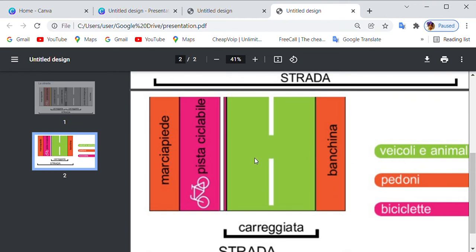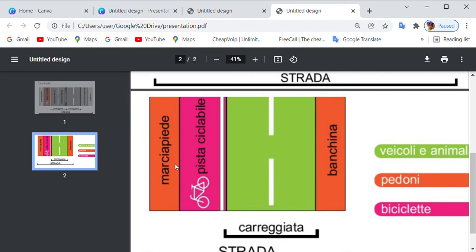The colors are used to define what is inside the strada. Here you have green, leaf green color. Here to here, you can see it says veicoli e animali, which means vehicles and animals, like I said before. Then you have here a light brown. It says pedoni, this place.